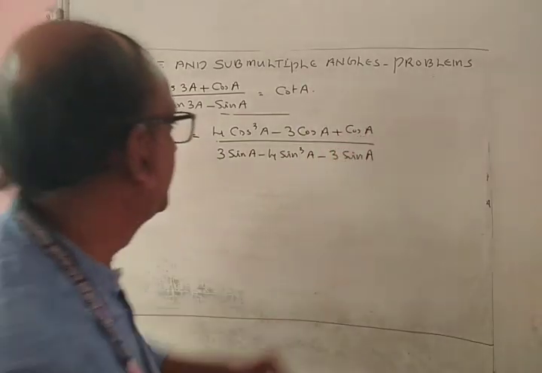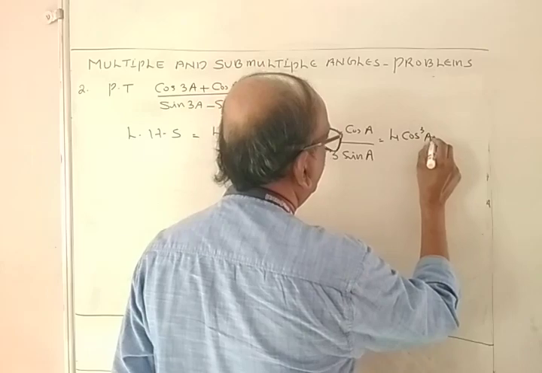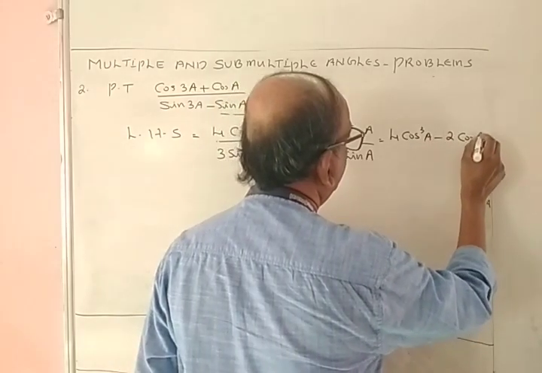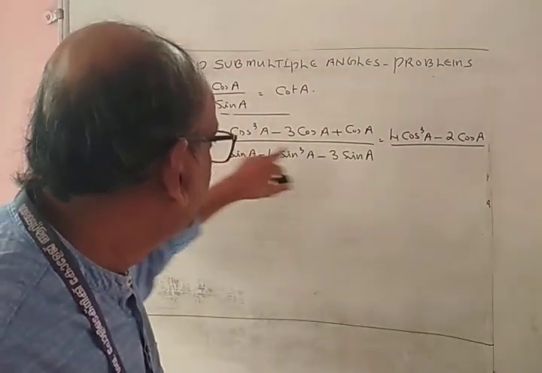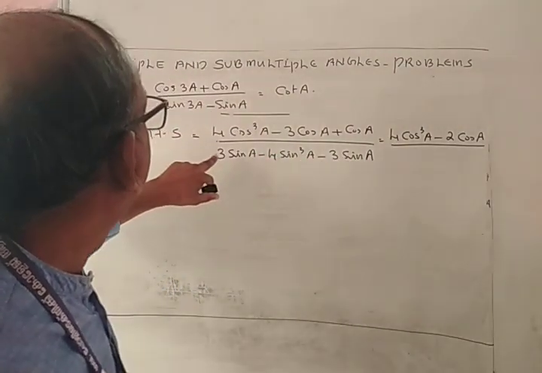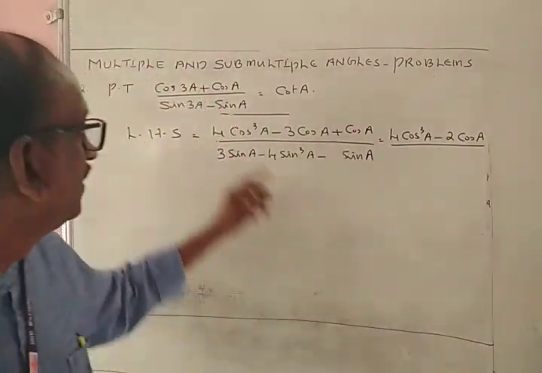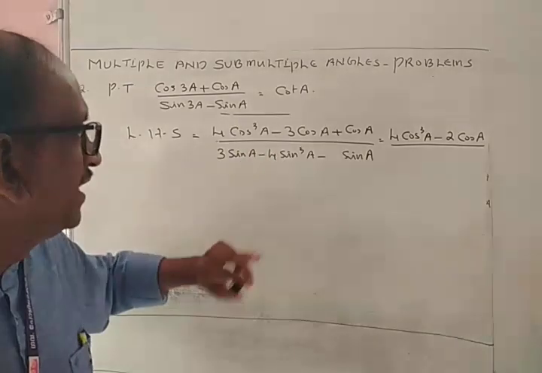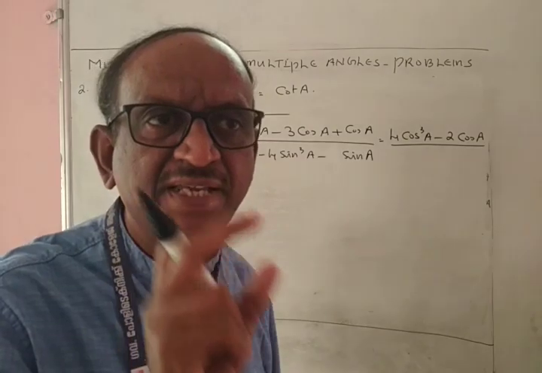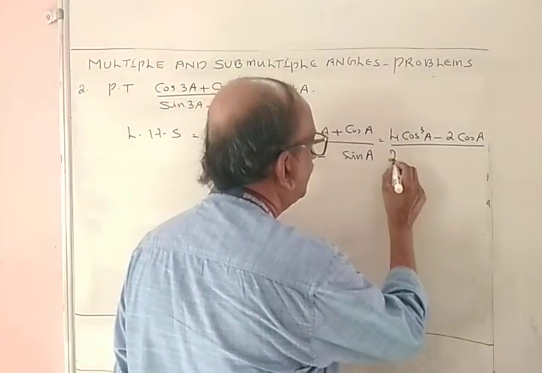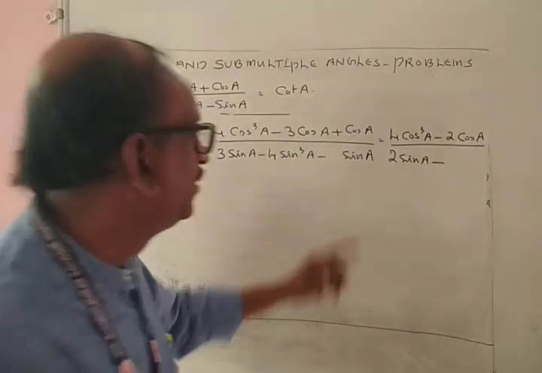Therefore minus 2 cos a, divided by, here 3 sin a, here minus sin a. Sin 3a is 3 sin a minus 4 sin cube a minus sin a. 3 sin a minus sin a is 2 sin a, minus 4 sin cube a.